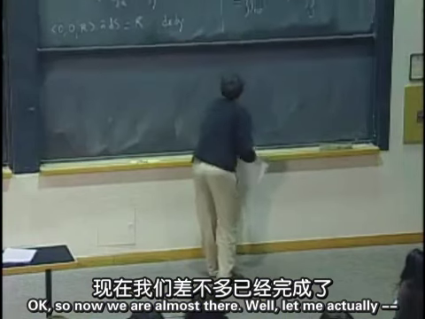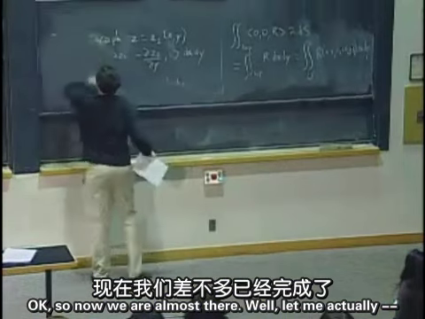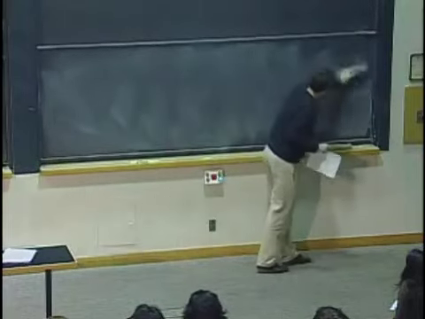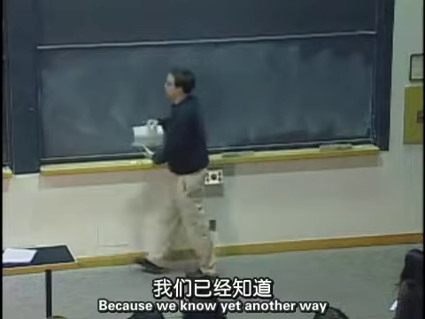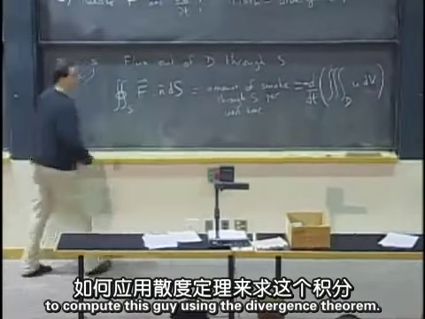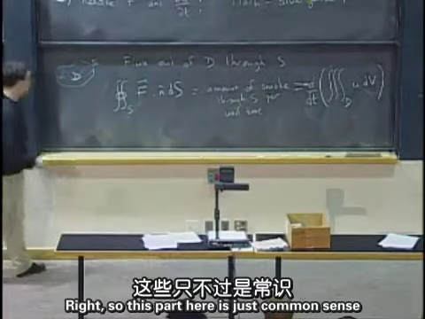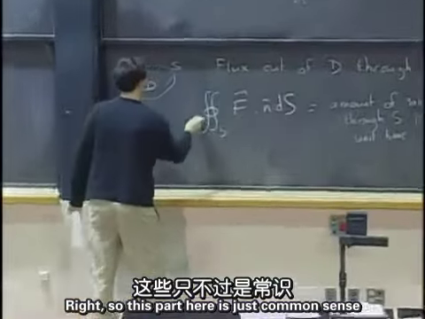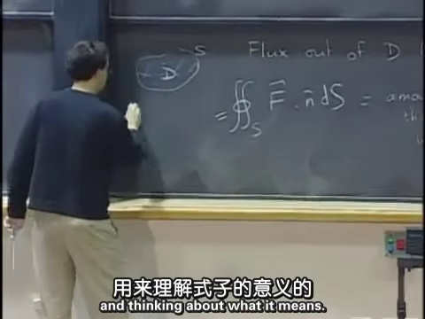Because we know yet another way to compute this guy using the divergence theorem, right? So this part here is just like common sense and thinking about what it means.